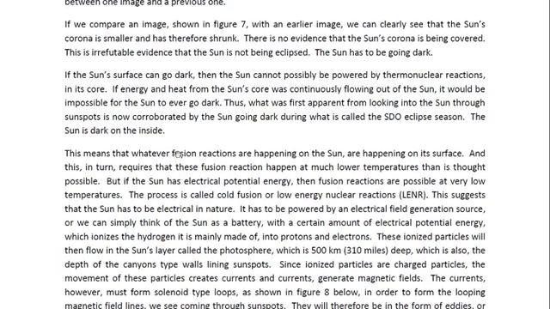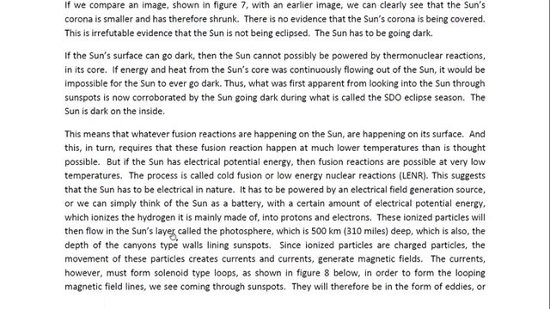And this in turn requires that these fusion reactions happen at much lower temperatures than is thought possible. But if the sun has electrical potential energy, then fusion reactions are possible at very low temperatures. This process is called cold fusion or low energy nuclear reactions, LENR for short.